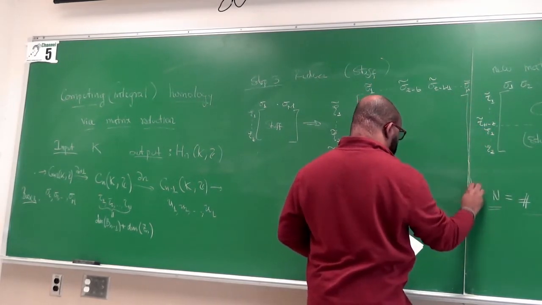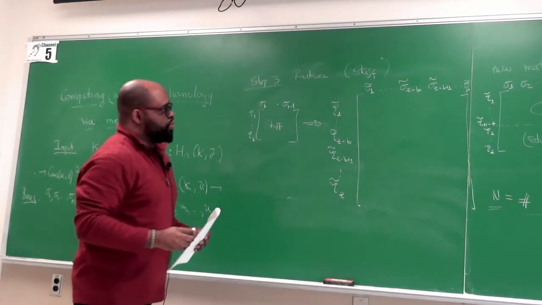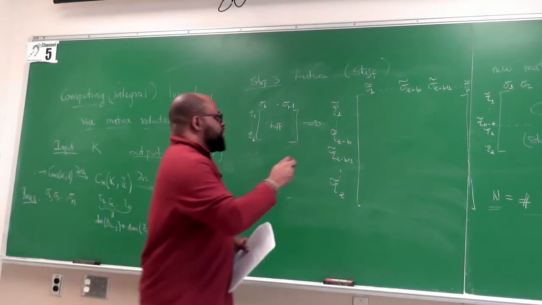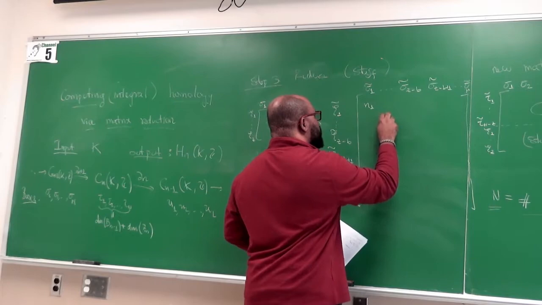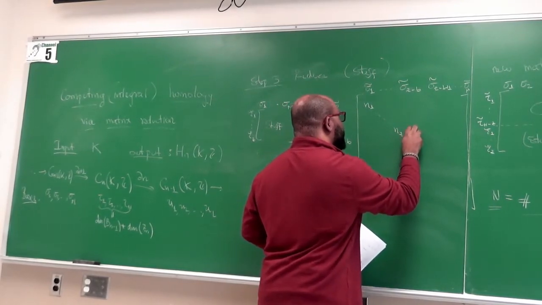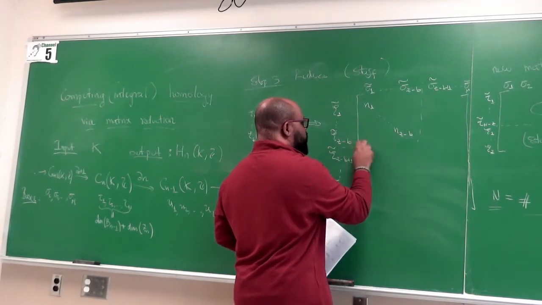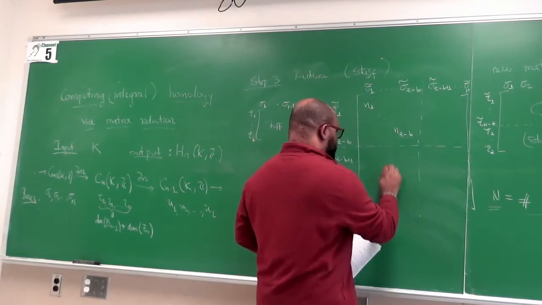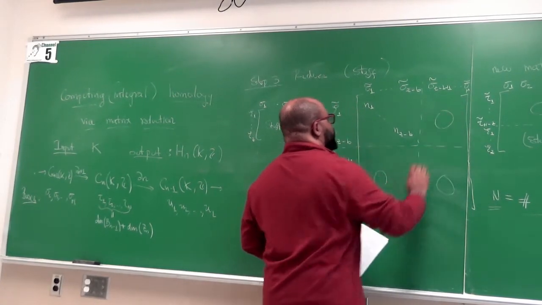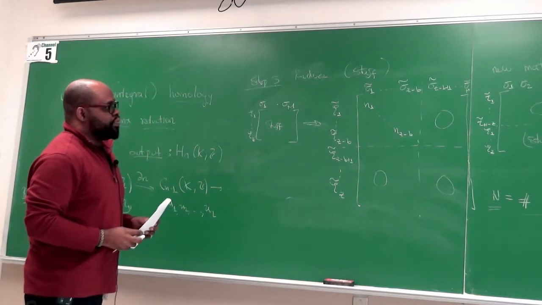So that's going to be the new matrix that I'm getting once we reduce. As always, here I'm going to get some n1 all the way up to n z minus b with the usual conditions, and these guys are zeros. Okay?